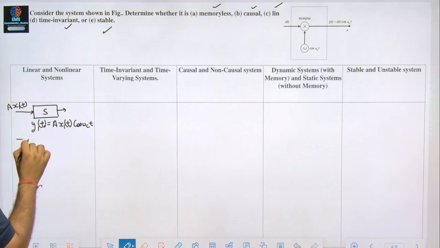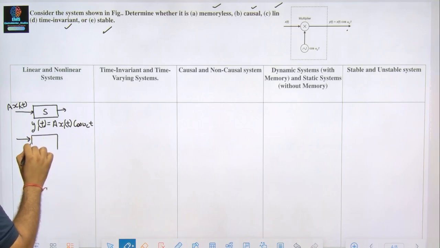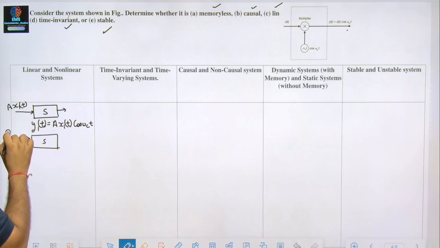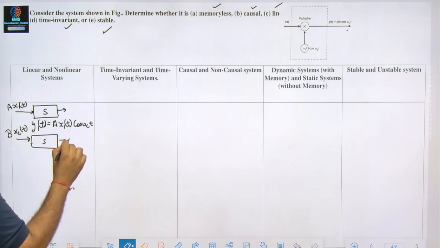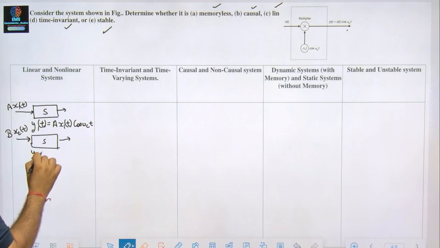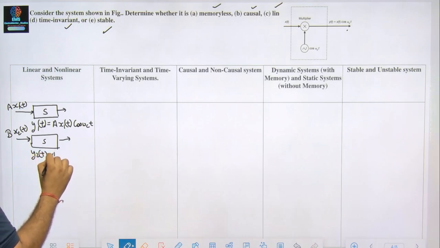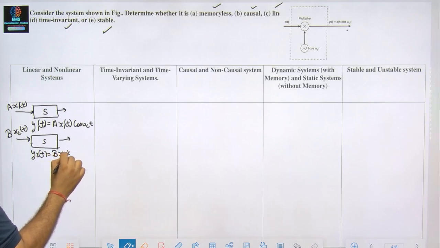Let's give another input to the same system, let's say b x2(t). So what would be my output? My y2(t) will be b times x2(t) cos(omega c t).